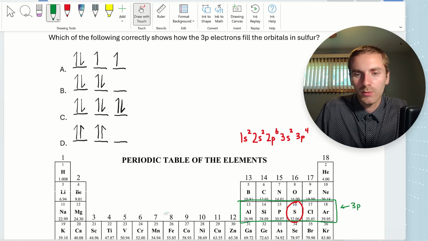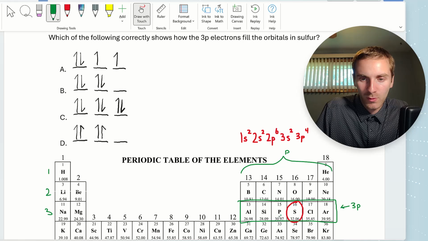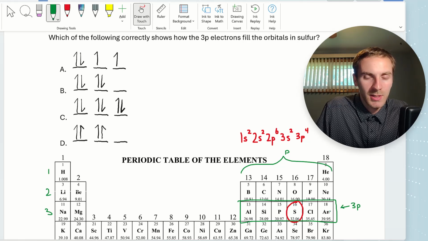Because we're in the third row, which is the third energy level, and then these columns over here are your p. So 3p, and then sulfur is the fourth element into that. That means it has 4 electrons in the 3p. Because p can hold up to 6 electrons, p has 3 orbitals.